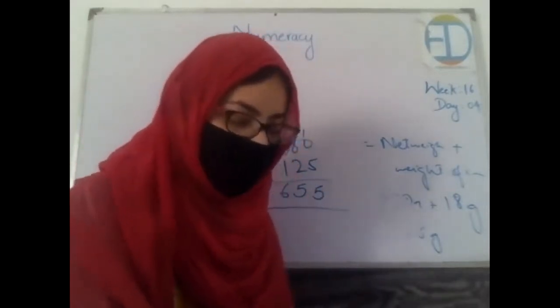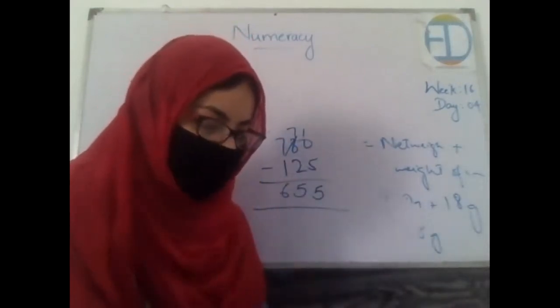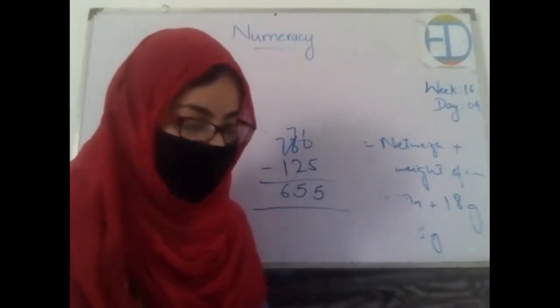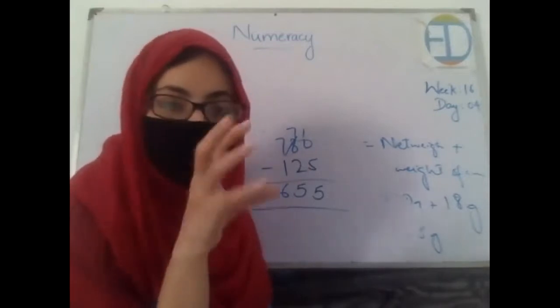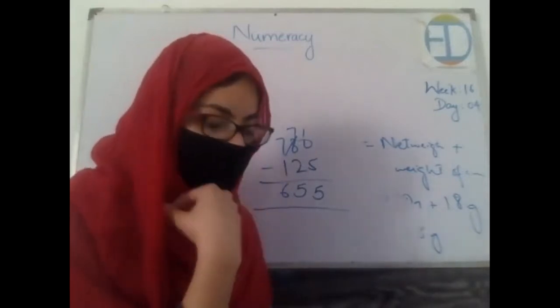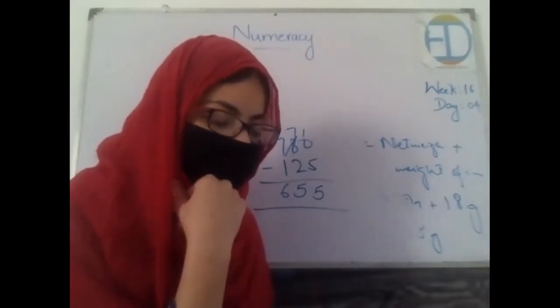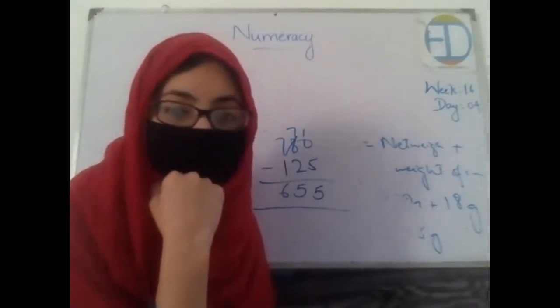Now you will be doing the next one by yourself. How much heavier are peaches than sugar? This means that you will find the difference between these. You will subtract the sugar one from peaches and tell me what's the difference. Hurry up. 820 minus 450.